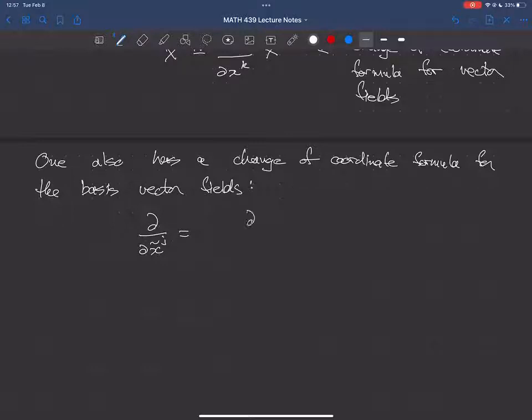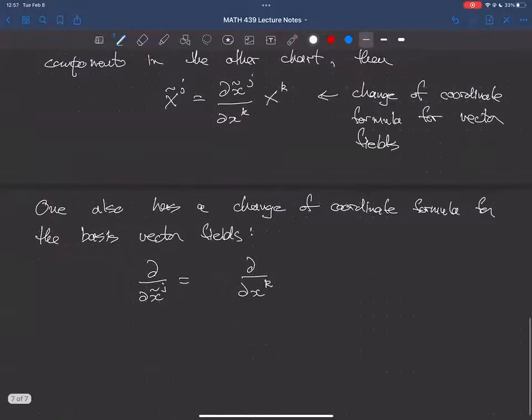It's going to be some linear combination of the other basis vectors. I'll index those by a k, because all I know is it can't be j. So what goes in there? If you think about the way the change of basis formula works, if you have a matrix that relates the basis vectors, the matrix that relates the components is the inverse.